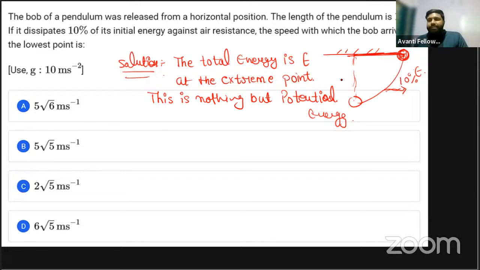And we have a 10% loss. So total energy will be decreased by 10%. Total energy decrement means potential energy is somehow decreased by 10%.